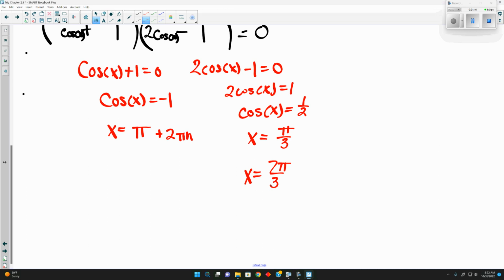Now there's 2 places where cosine of x is equal to 1/2, and that's when x is pi over 3 or 5 pi over 3. And again, because they didn't restrict the domain, we have to add 2 pi n to it.